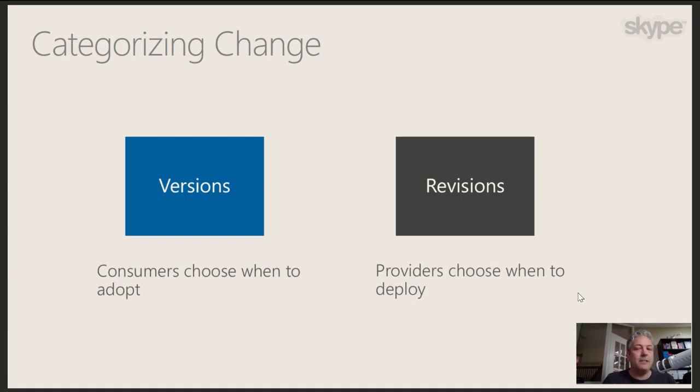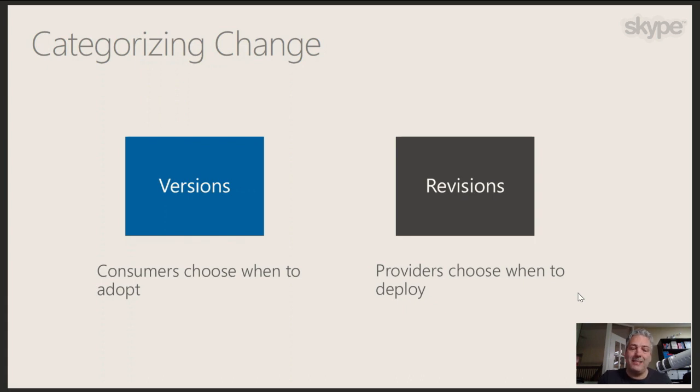Well, that depends. You need to communicate with your consumer, and you need almost like a change level agreement, something where you say to your consumers, this type of change, I'm just going to push as a revision, and you need to build clients that can consume this kind of change.